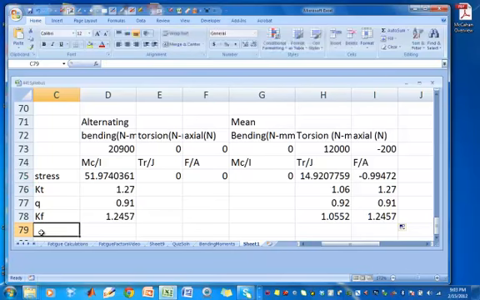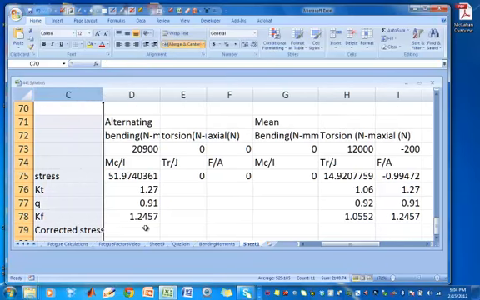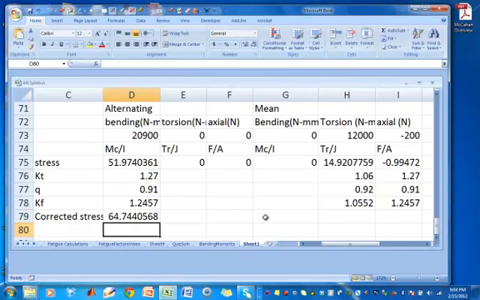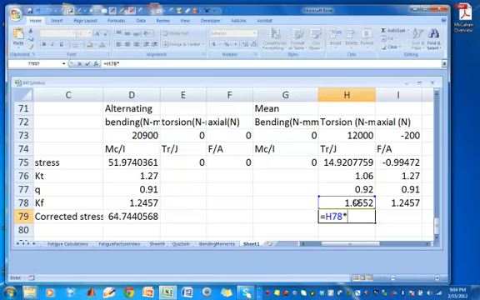Okay. Now we can compute corrected stress, which turns out to be equal to this times that, this times that, this times that.